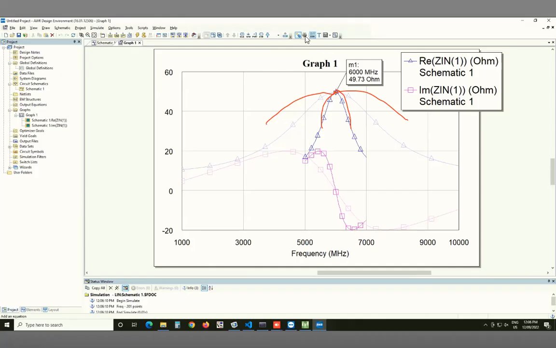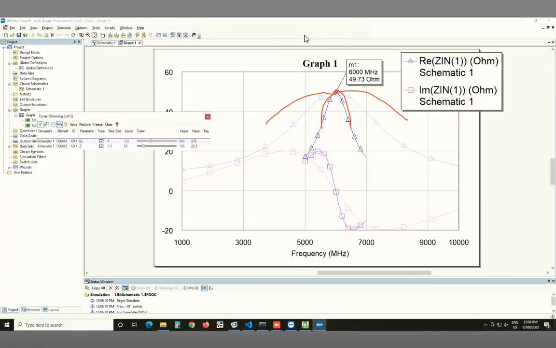Let me see what happens if I put 180 degrees. That would not be a lambda by 4 transformer anymore, so it's not going to do this. So what did I say happens for lambda by 2? Not in this case.